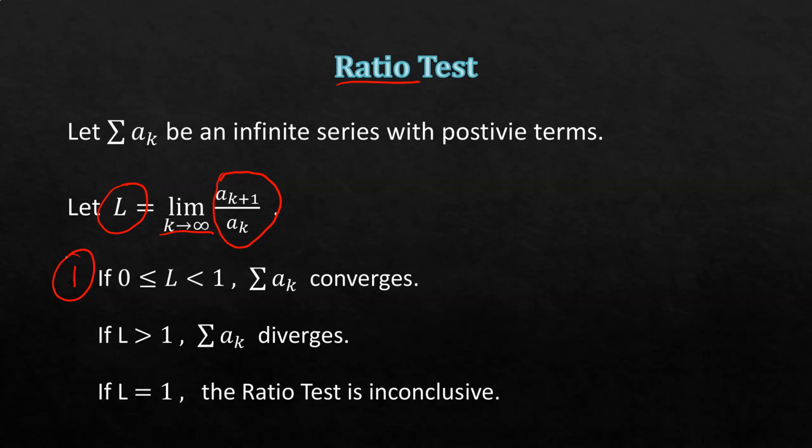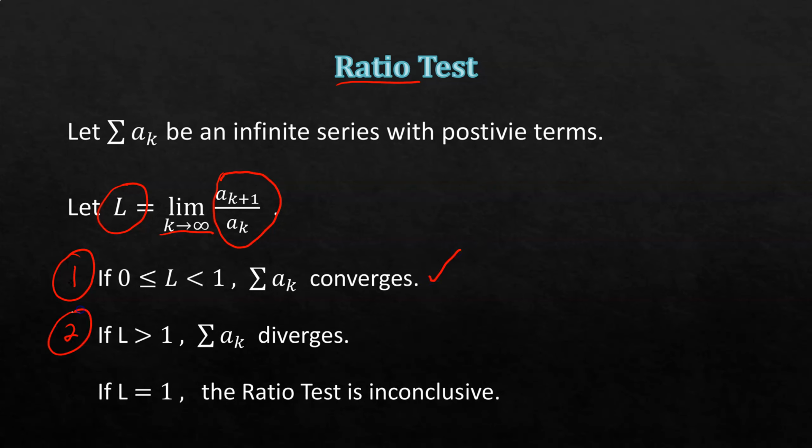If L is between 0 and 1, including 0 but not including 1, meaning L is a positive number less than 1, or could be 0, then the series converges.